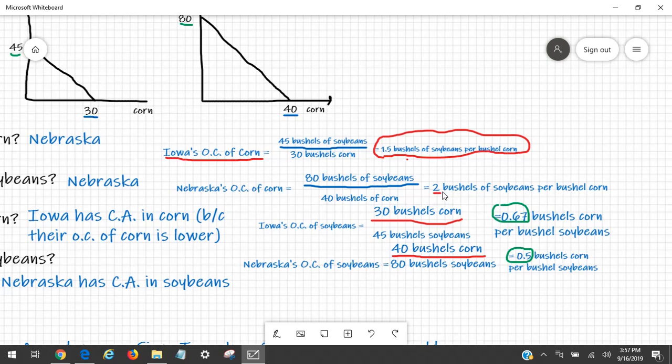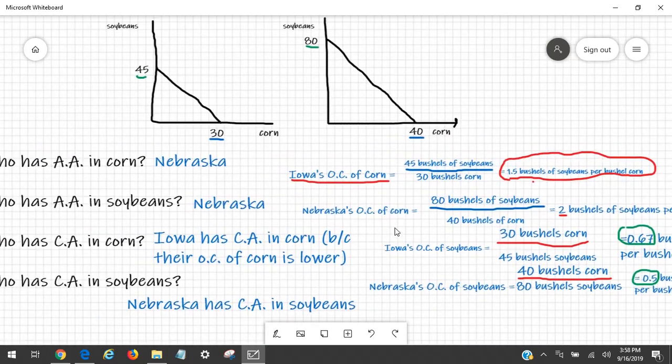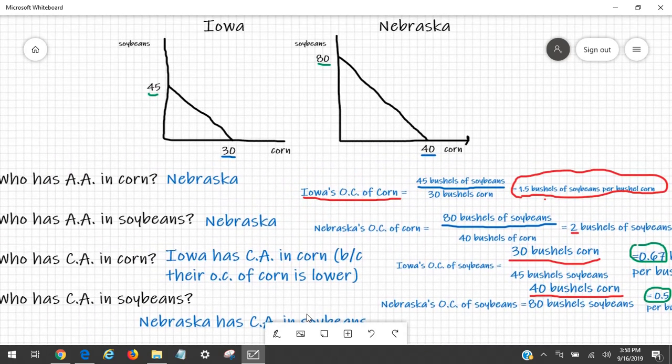Okay, so I think that's all for this video. I'm going to do one more of these PPF or production possibilities examples, and in that one I'm going to show how you can also use this PPF model not only to determine who has the comparative advantage, but also to demonstrate the gains from trade.